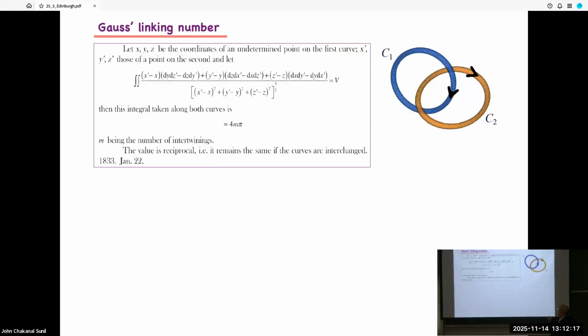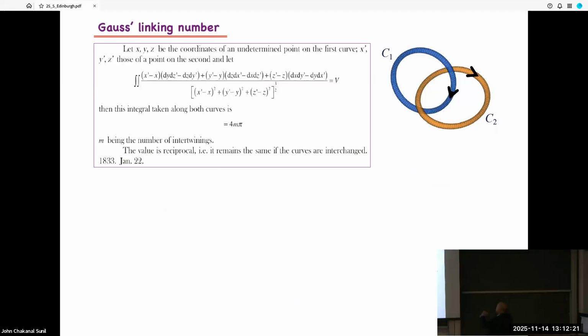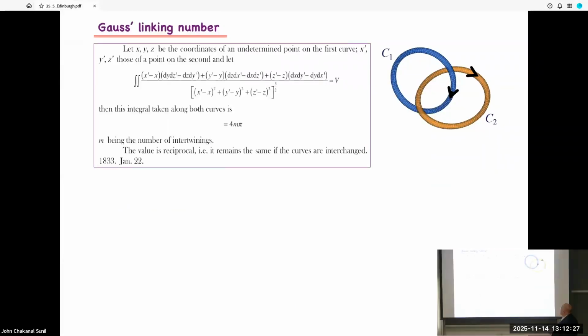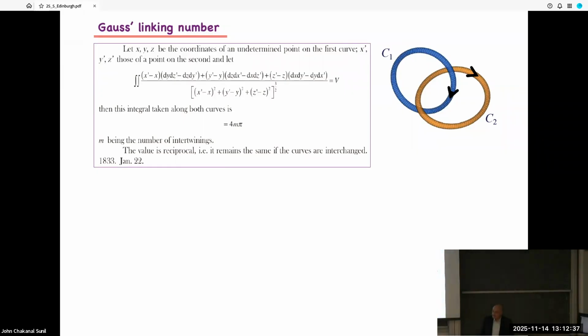If you have two curves, and they are linked, then we have an integer measuring this linkage, equal to this integral. Another interesting thing is that he says this is equal to capital V, maybe suggesting a potential there.